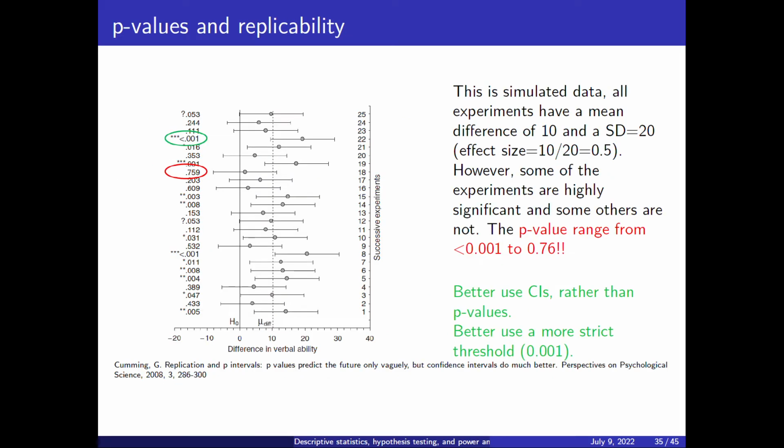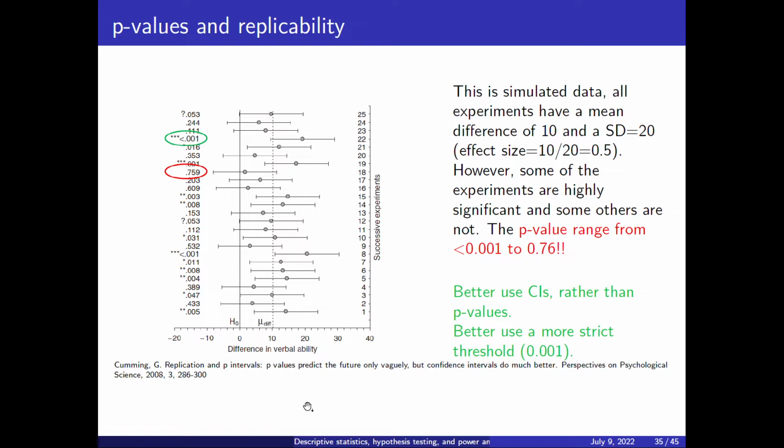And here is an experiment to highlight that idea. So this is simulated data, and hypothesis testing is used everywhere. So this example is coming from psychology, and they are interested in different verbal ability of two groups. So let's say people that read a lot and people that do not read so much, and they want to see if they have different verbal abilities.